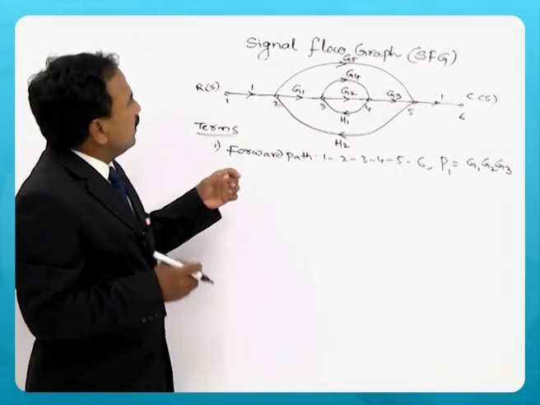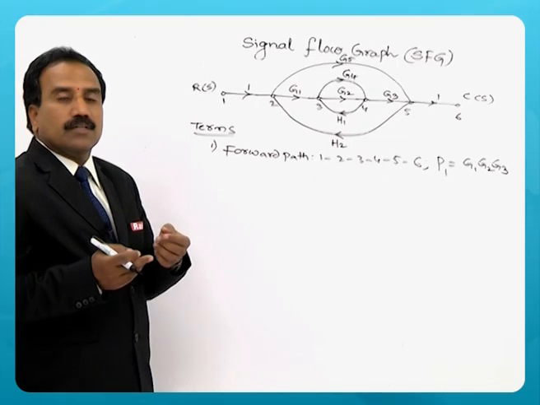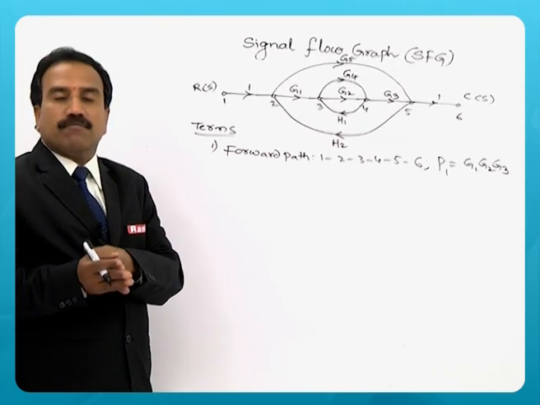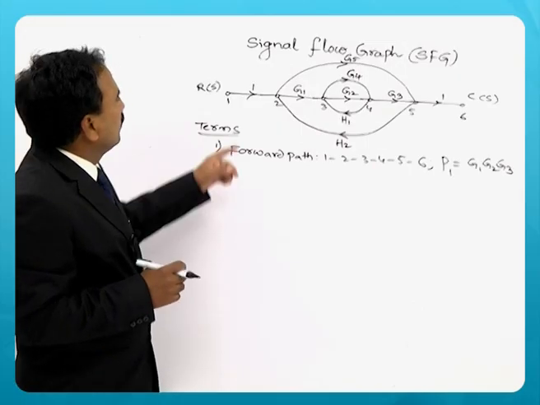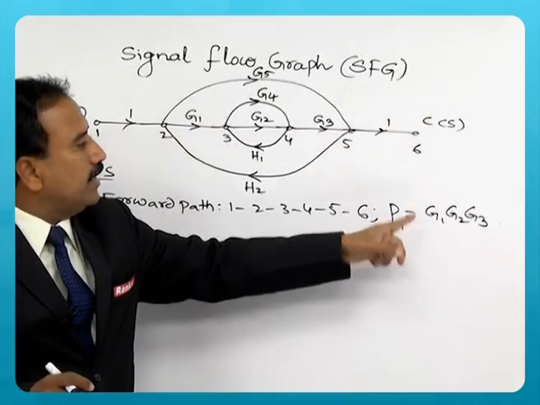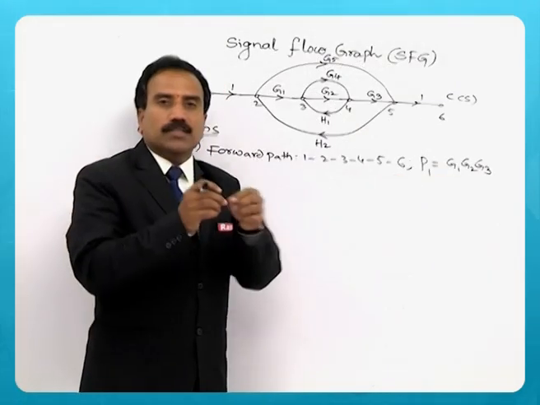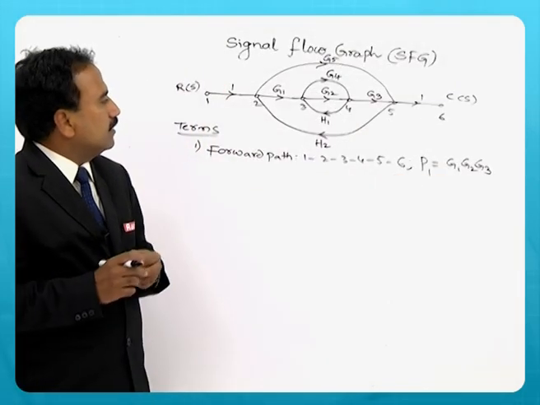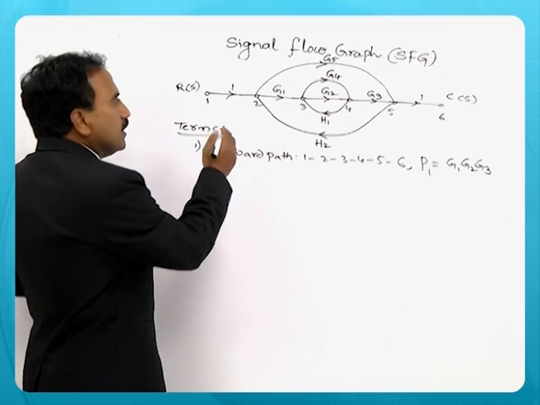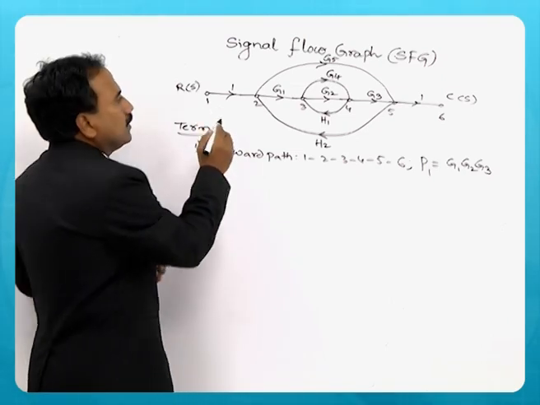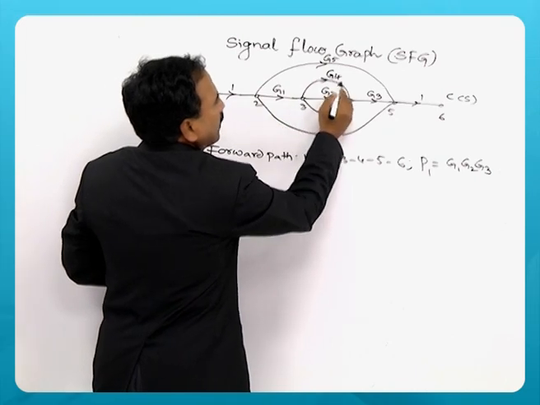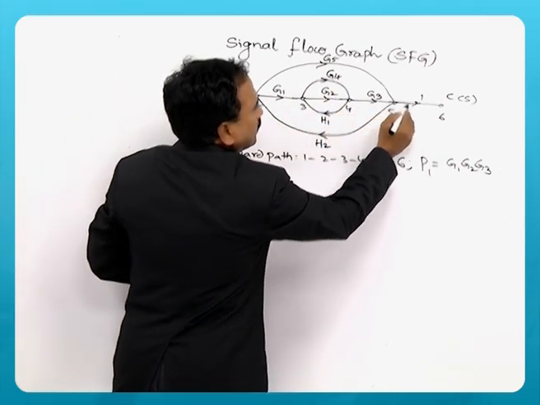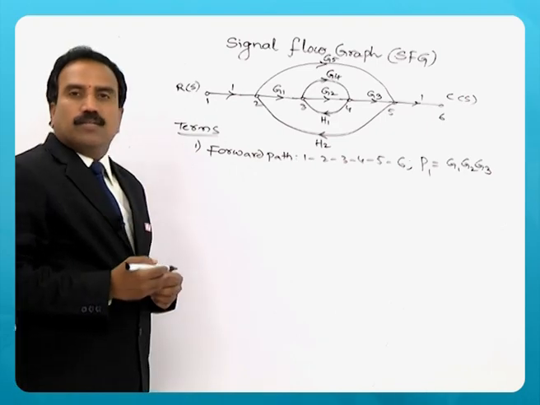So, is there any second forward path? How many forward paths exist in this particular example? This is one forward path already defined, and the gain of that path is given as P1, G1, G2, G3. You can see now there is another forward path. It goes through G1, then via G4 and through G3 and finally to the output.